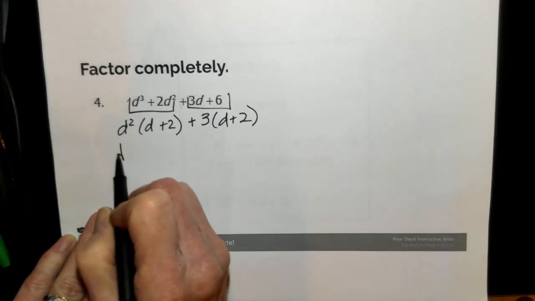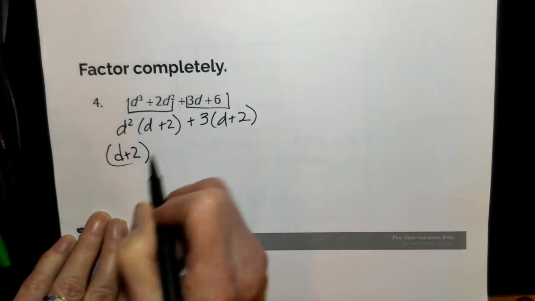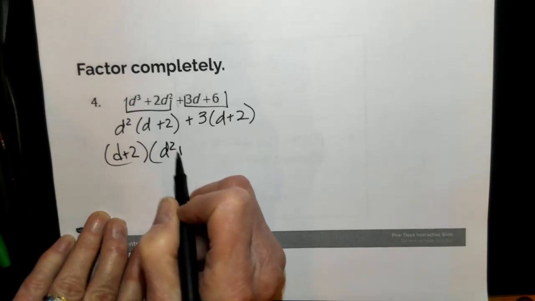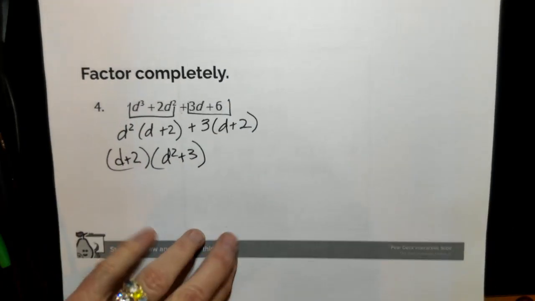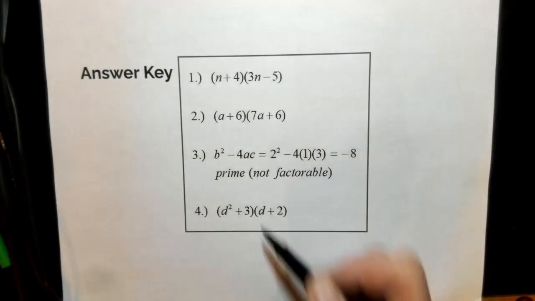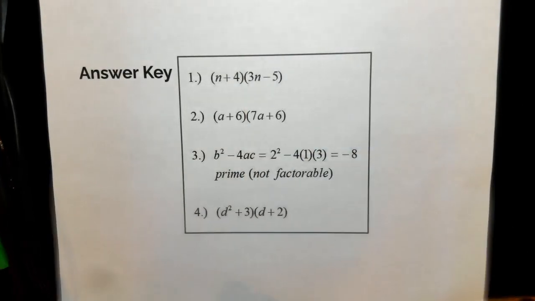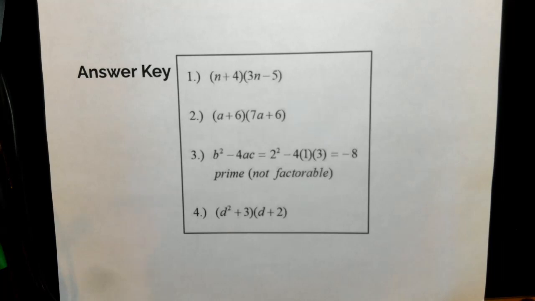And then we write the d plus 2, and we write the d squared plus 3, and we're done. I do have on this last slide all the answers that were there, in case you wanted to just verify. Next, go ahead and work on the practice that's there, and you should be all set.